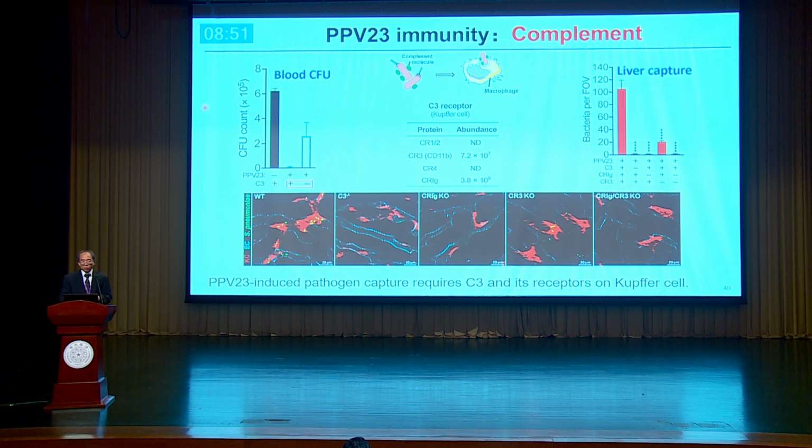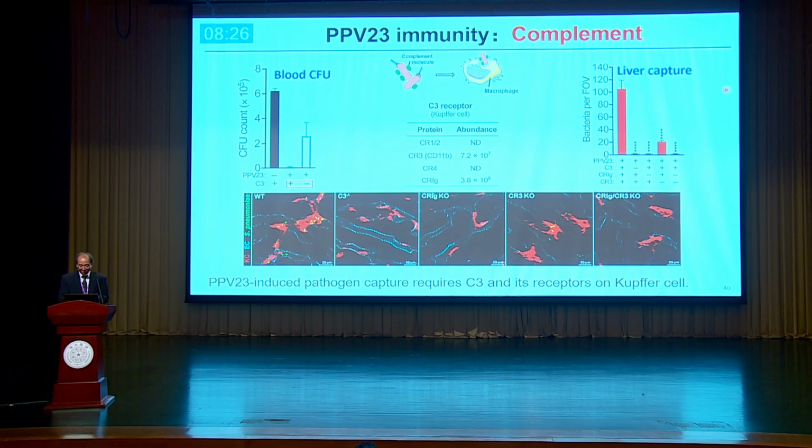And then we also found that complement is essential for this polysaccharide-mediated capture in the liver. So in C3 mice, C3 is a key component of the complement system. Without C3, the immunization did not result in any bacterial clearance in the blood or capturing in the liver.